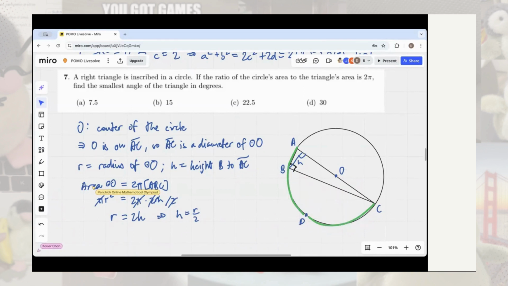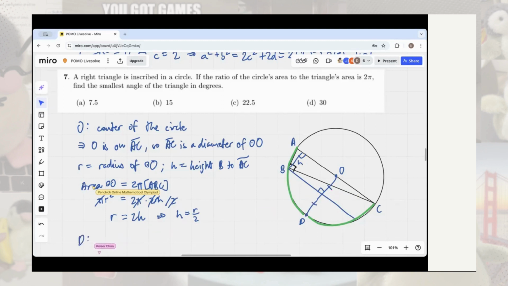If we draw this and then this, this is a right angle and these two are equal. Then that will mean that DOB is equilateral.